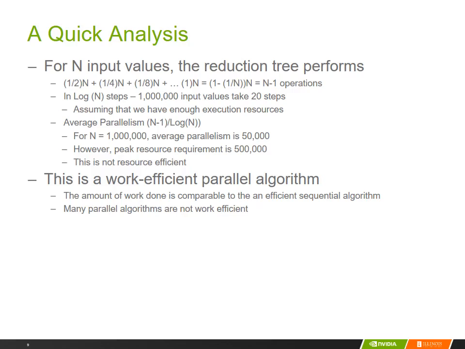So this is why we say that this tree reduction algorithm is a work efficient parallel algorithm. Many parallel algorithms are not work efficient, so we will be looking at this issue in much more detail through this lecture as well as other parts of the course. One important point to remember is that an algorithm can be work efficient, but may not be resource efficient, as we illustrated with this slide.